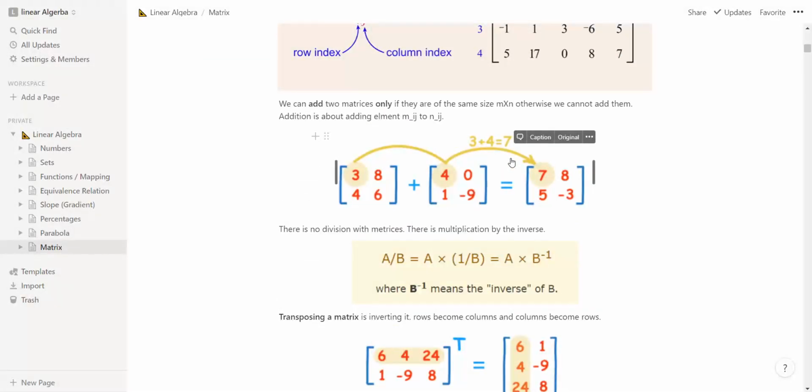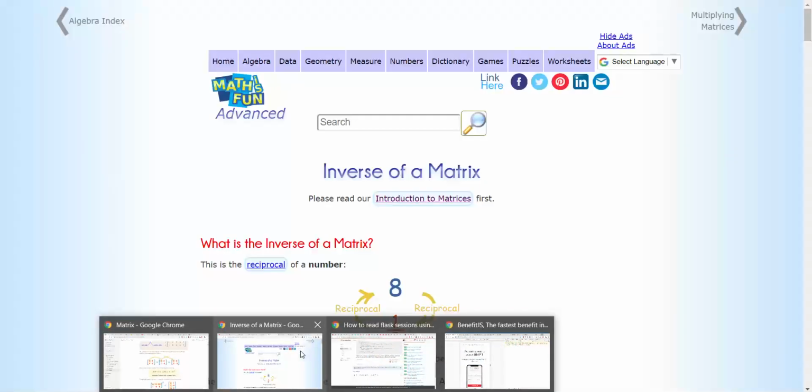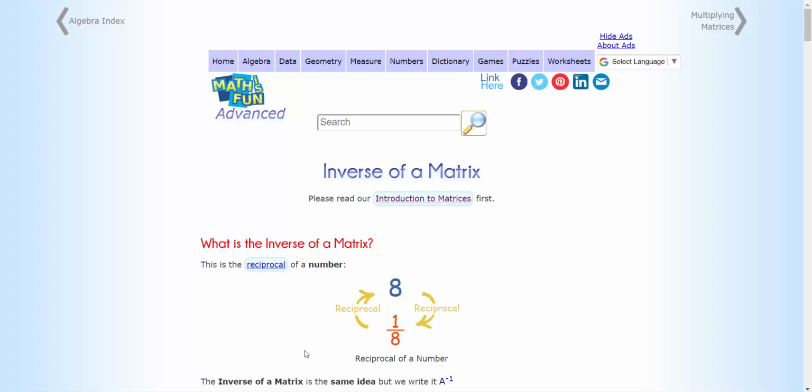Now, what we decided to talk about in this video is called the inverse. Why is this important? Because once we do the multiplication, we will have to do what is called the division, and the division is not really possible without the multiplication.